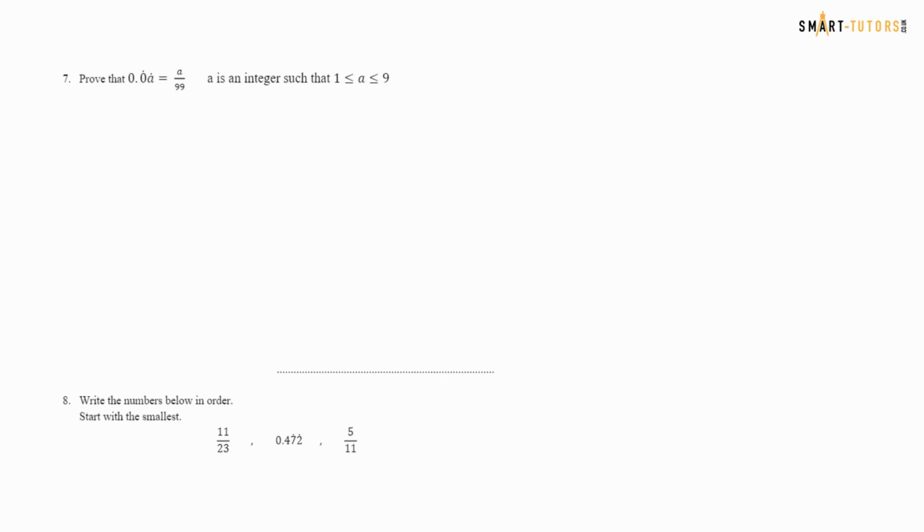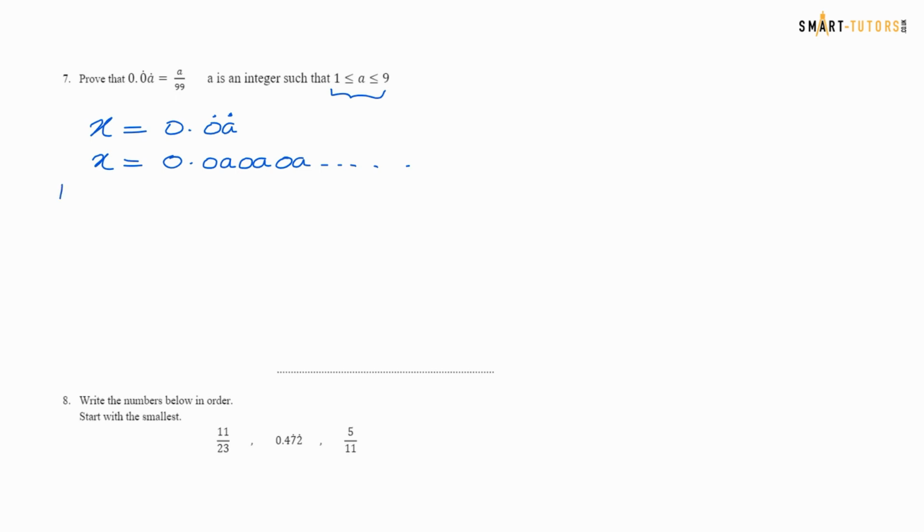Question number 7. Prove that 0.0a recurring. So if I assign x equal to 0.0a recurring, if I expand this one, so 0.0a 0a 0a and so on. I'll do the same thing, because here they have given a range. a is a 1-digit number between 1 and 9, right? So do the same thing as we did before.